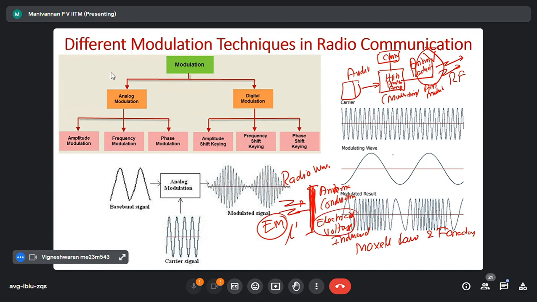The amplitude of the picked voltage or picked radio signal depends upon the length of the antenna. The longer the antenna, the more signal it can pick, and the signal will be stronger.